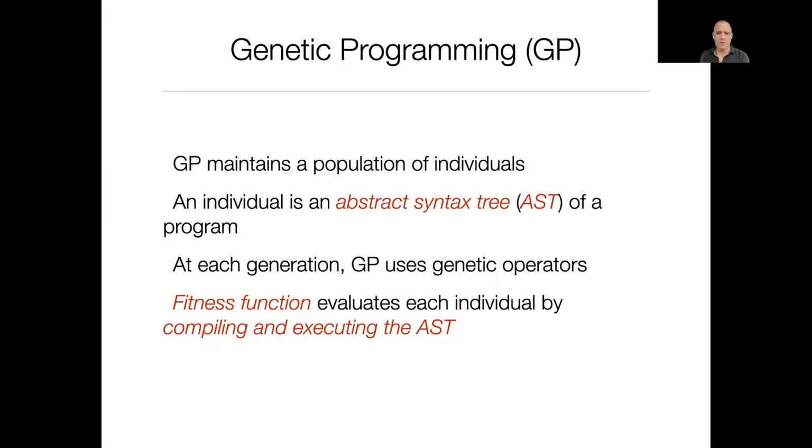The algorithm uses genetic operators, such as mutation and crossover. At each generation, genetic programming improves the quality of the population, and this evolution is driven by a function called the fitness function. The fitness function evaluates each individual by compiling and executing the program.